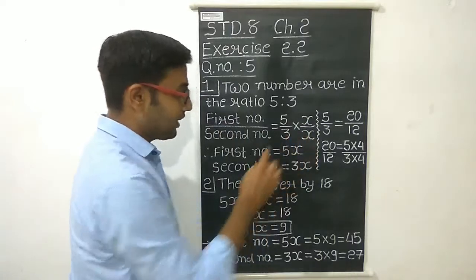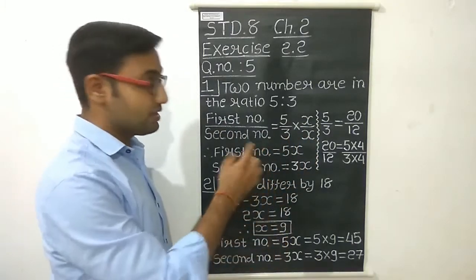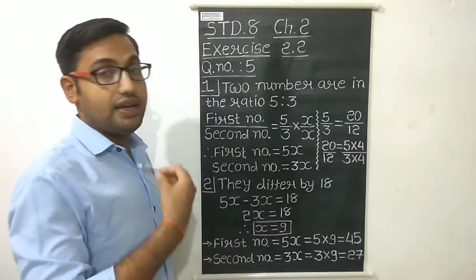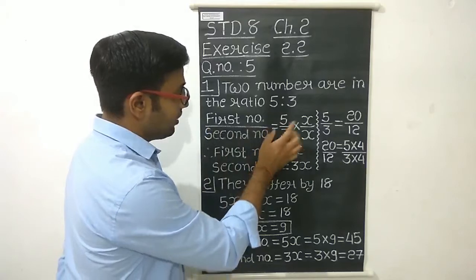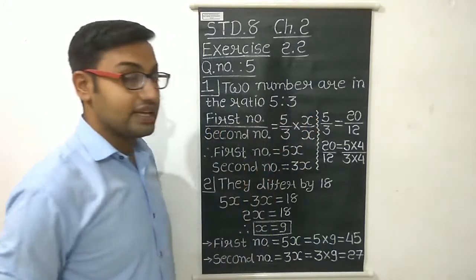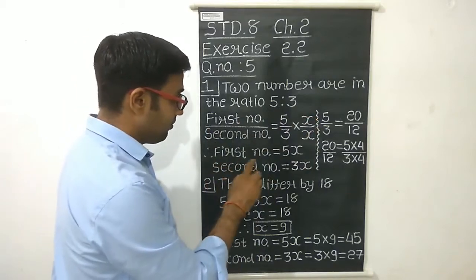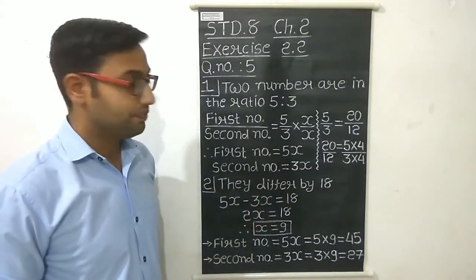Now the value of x may be 1 or 2 or 3 or 5, because it is a variable. It can contain any value. So now the first number becomes 5x and the second number becomes 3x.